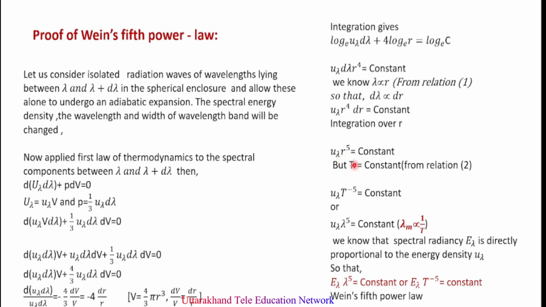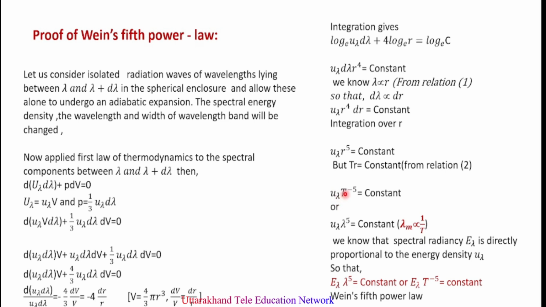That means r is equal to constant upon T, so r comes to the power of minus T to the power minus 5. So we can write u_lambda T to the power minus 5 is equal to constant, when we put the value of T r equal to constant, r equal to constant upon T. So this is the formula relating temperature and energy density.